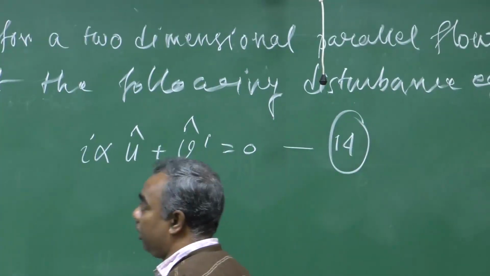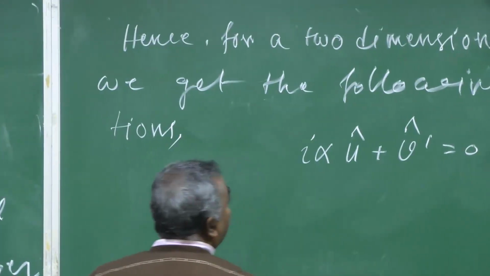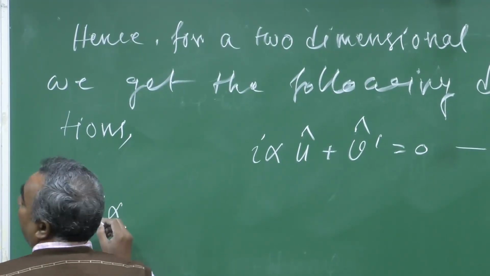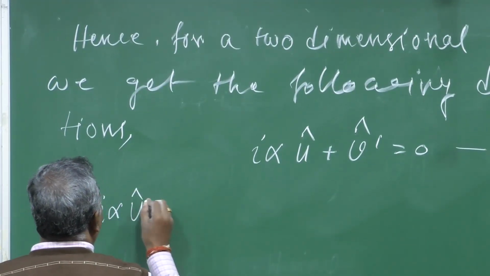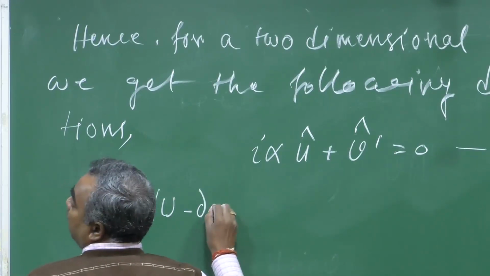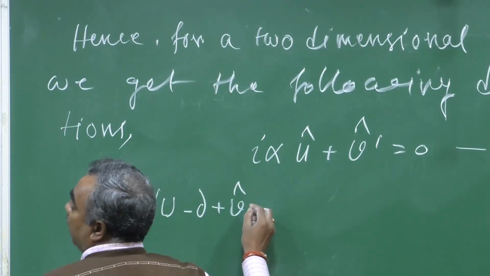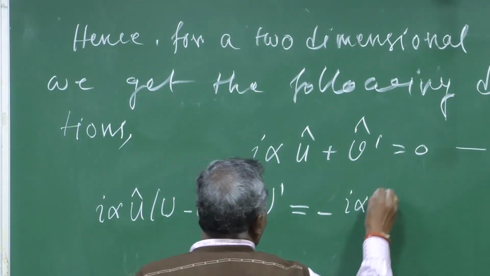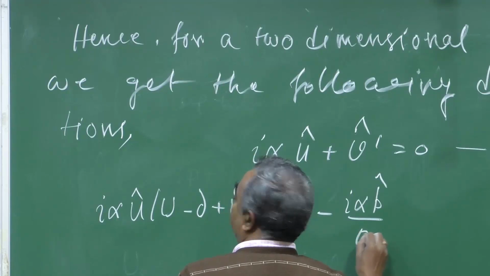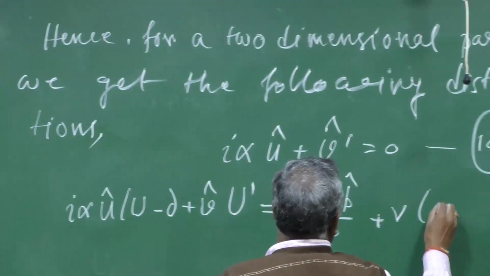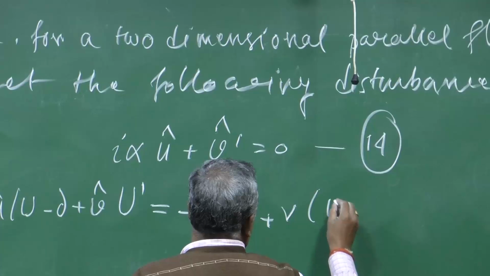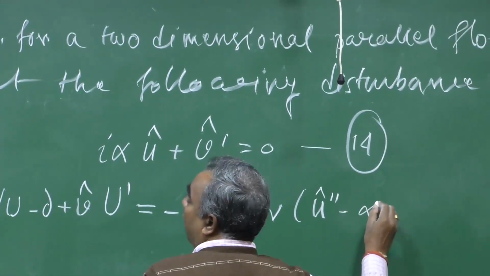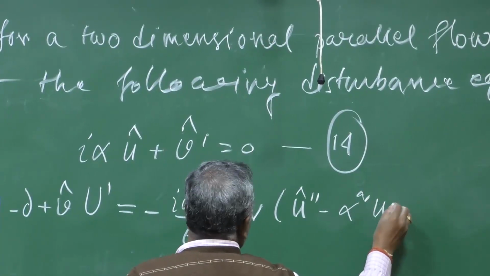Okay. This is our two dimensional continuity equation, and then our next equation, that is i alpha u hat (U minus c) plus v hat U prime minus i alpha p hat by rho plus nu, instead of u naught only, u hat double prime minus alpha square u hat.